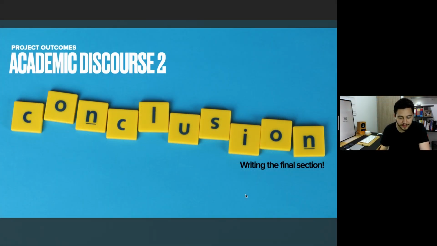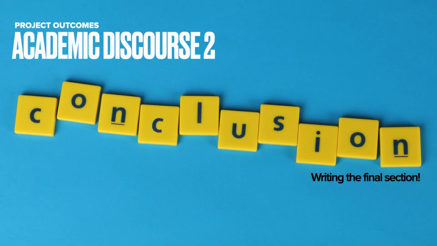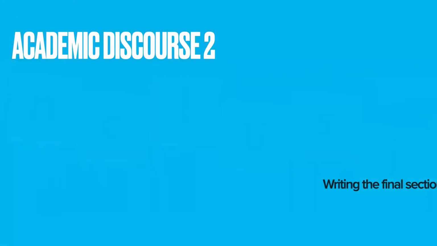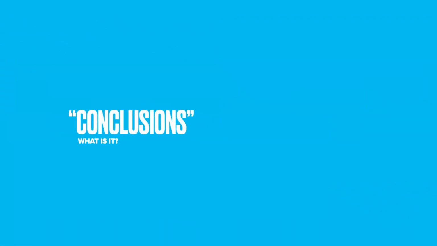So let's begin. Let me walk you through each of the sections that we are going to cover so that you understand those last two parts of the project which you have been constructing. In order to write the final section, we need to begin with the very first part, which is called the conclusions. What is a conclusion section?